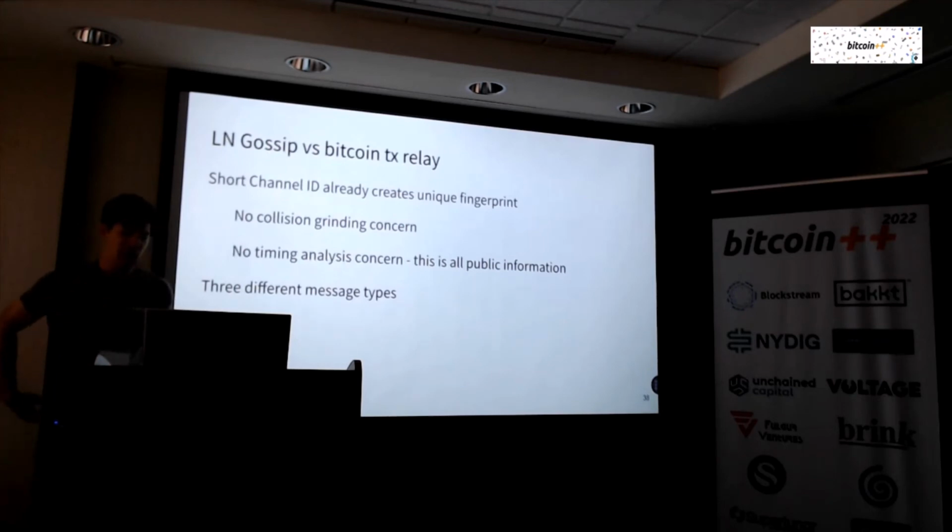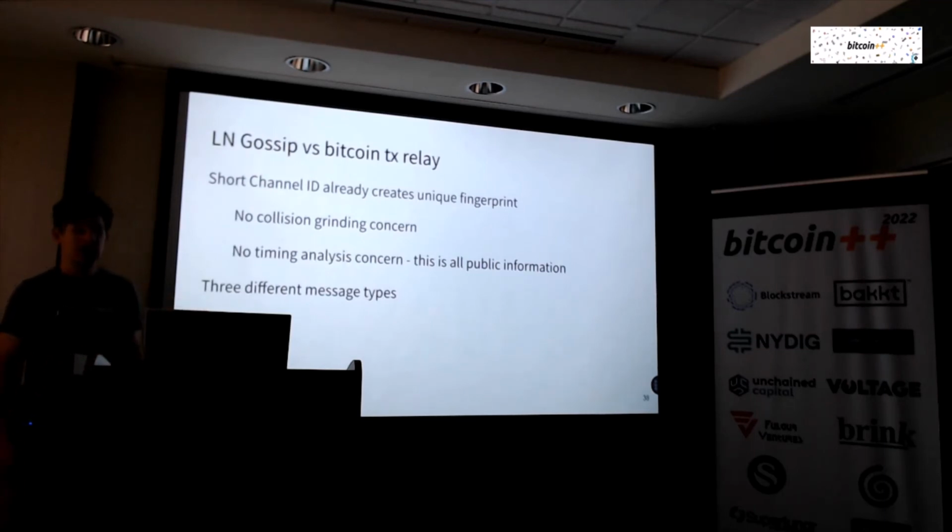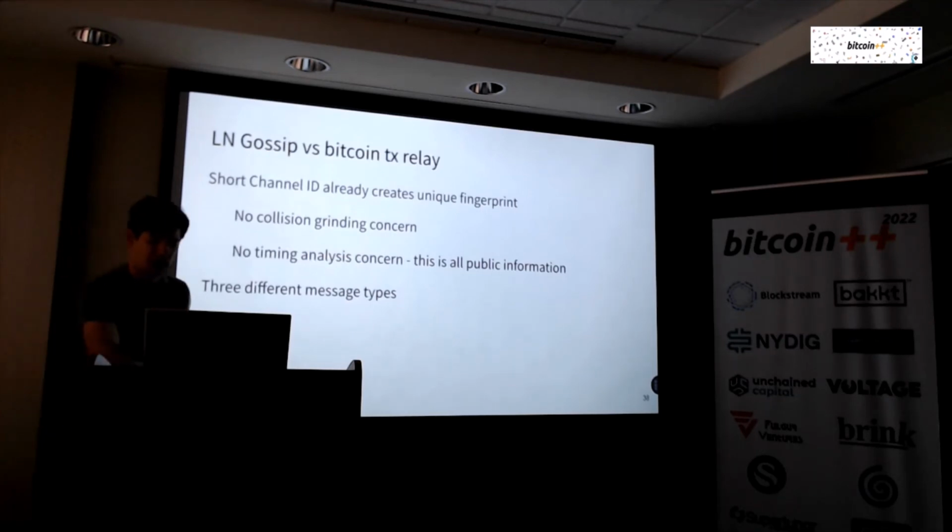So there's some concerns like that. Also, timing analysis, because transactions are supposed to be private. We don't have to deal with really either of those things with Gossip because it's public by nature, and also, instead of having to use that hash function, we have a trick for that, which I'll get to in just a moment.